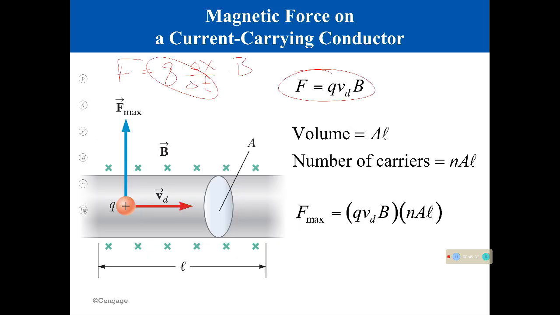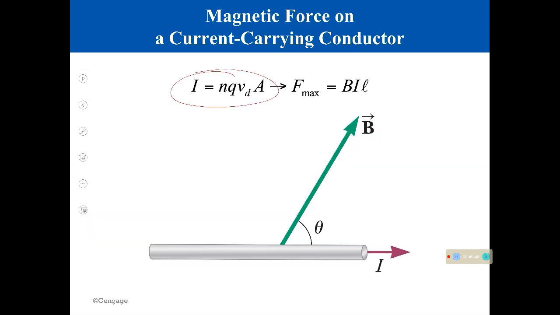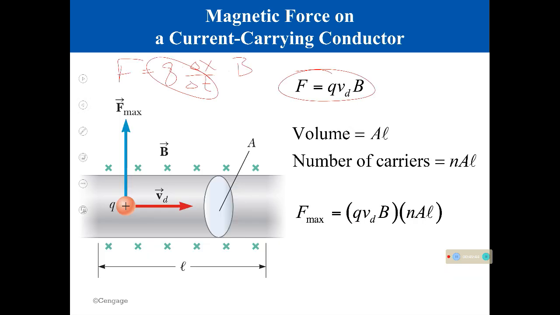So if all of these things, where did I just lose it? Hold on. N, Q, V_D, and A. If all of those combine together into I, you get exactly what I was going to show you a second ago.